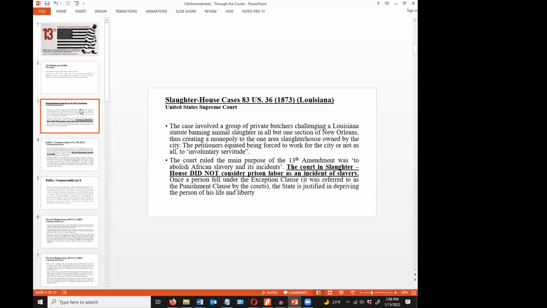And so the court ruled that the main purpose of the 13th Amendment was to abolish African slavery and its incidents. But then the court went on to say that the Slaughterhouse case did not consider prison labor as an incident of slavery. So it made it crystal clear at that point that prison labor is not slavery. This is what the courts would determine. It says once a person fell under the exception clause, because at that time they called it the punishment clause, the state is justified in depriving the person of his life and liberty.